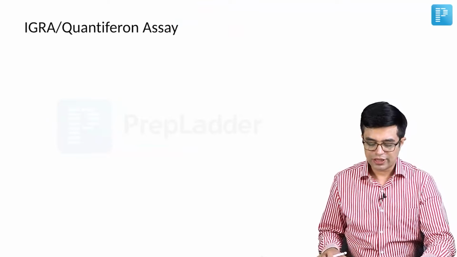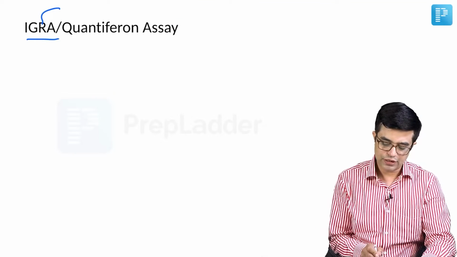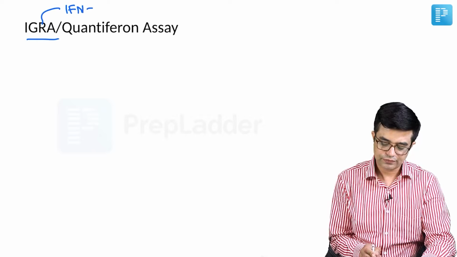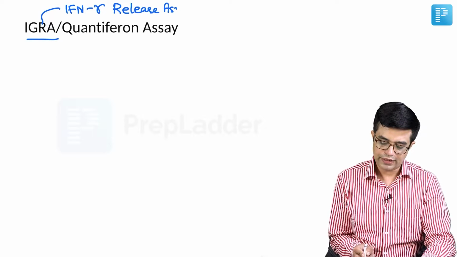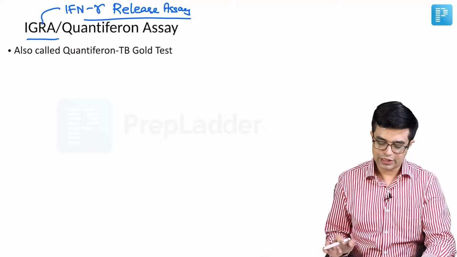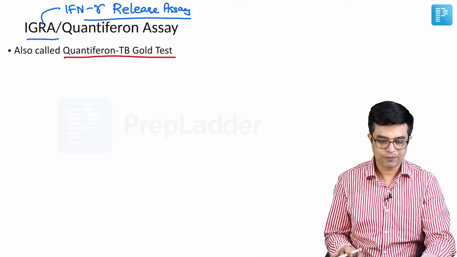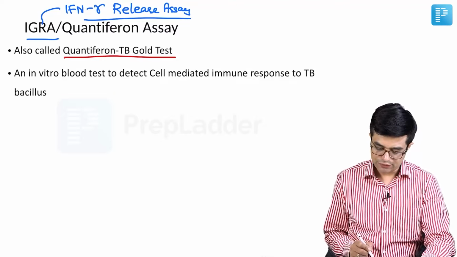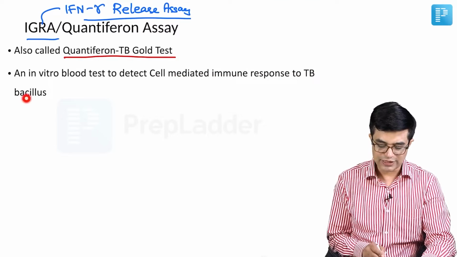Then we do a test called IGRA or quantiferon assay. IGRA stands for interferon gamma release assay. Interferon gamma release assay, or quantiferon assay, is also called the quantiferon TB gold test. It is an in vitro blood test which is used to detect cell-mediated immune response to tubercular bacilli.